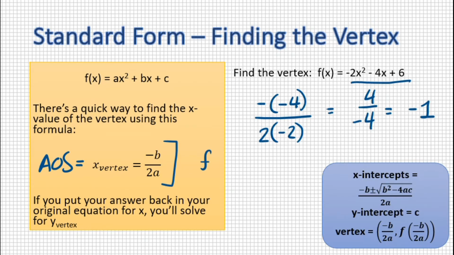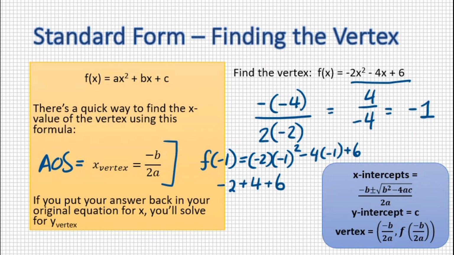So finding f of negative 1 equals negative 2 times negative 1 squared minus 4 times negative 1 plus 6. So that gives us negative 2 times 1, negative 2, plus 4 plus 6 equals 8. And there we are again with that vertex equals (negative 1, 8).